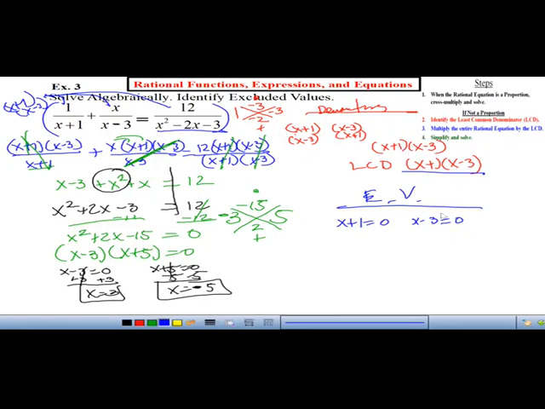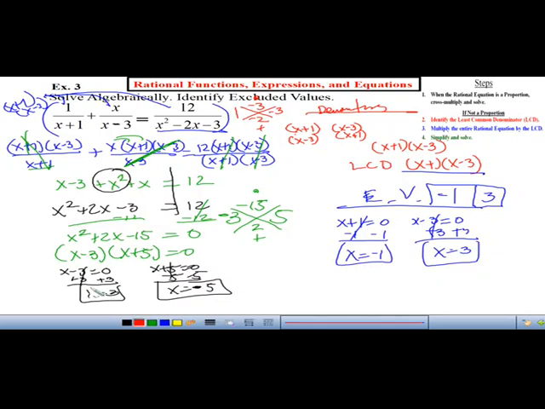So do we need to rewrite them? No. That means minus 1, x equals negative 1; plus 3, x equals 3. All right. Question: my excluded values are negative 1 and positive 3. Are any of those part of the solution? Yes, 3.